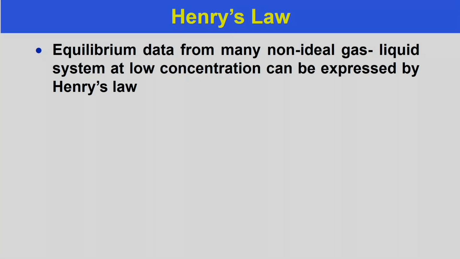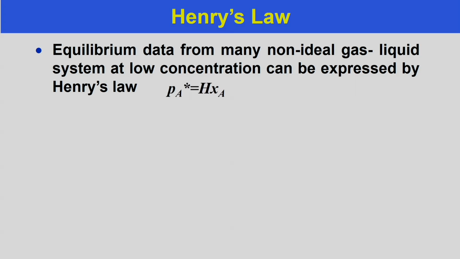For example, a homologous series of hydrocarbons generally forms ideal solutions. Equilibrium data from many non-ideal gas-liquid systems at low concentration can be expressed by Henry's law. So for non-ideal gas-liquid systems at low concentration, we can apply Henry's law to correlate the equilibrium data.